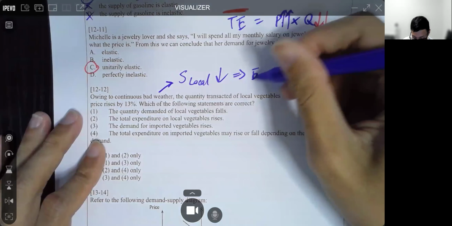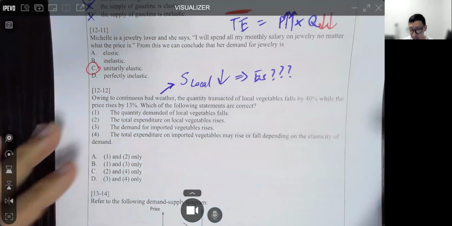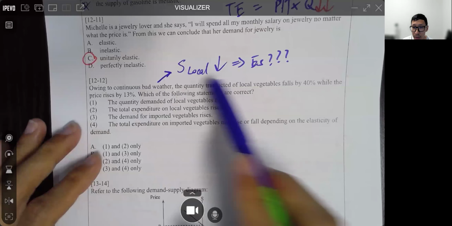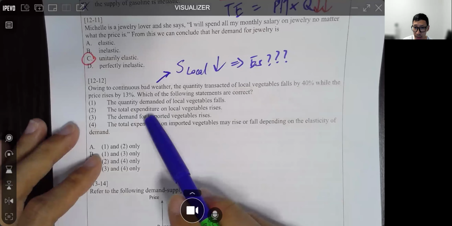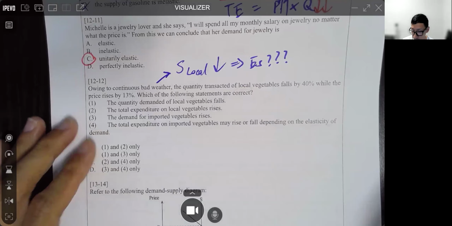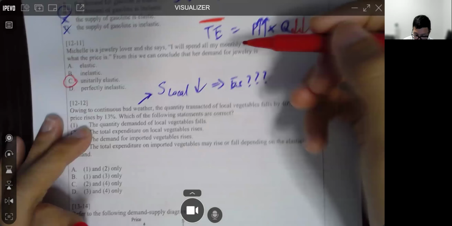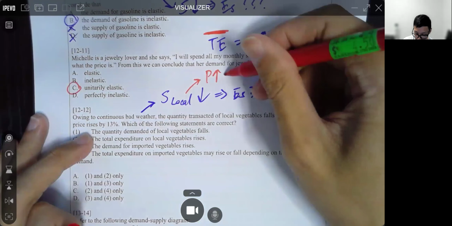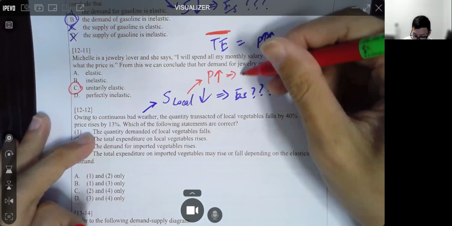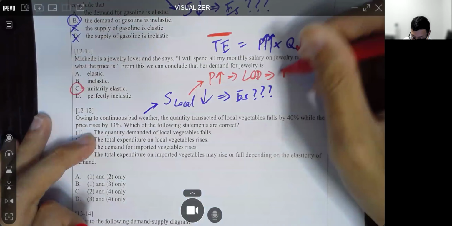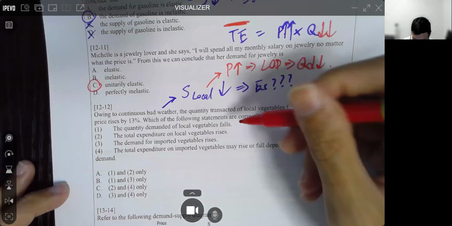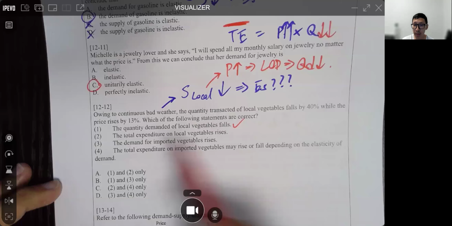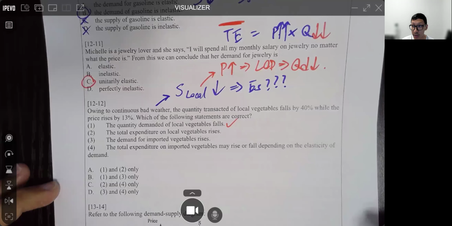Therefore, price increases. Which of the following statements are correct? The quantity demanded falls. Is this right? Price increases, so by the law of demand, QD drops. Exactly, this one is correct.